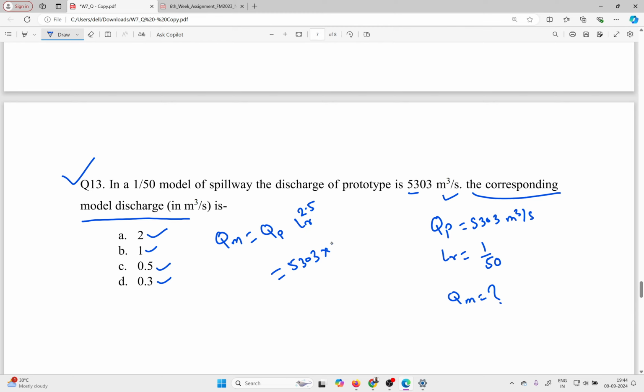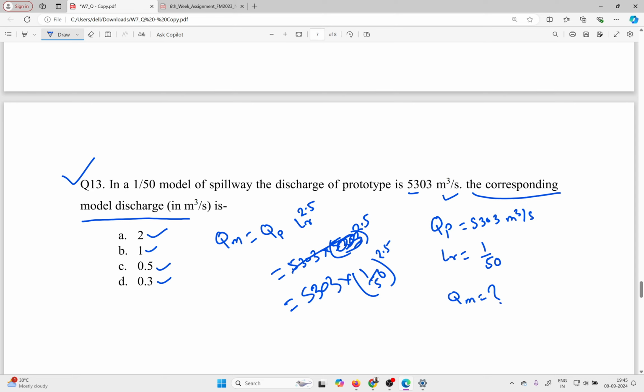That is 5303 into 1/50 to the power 2.5.